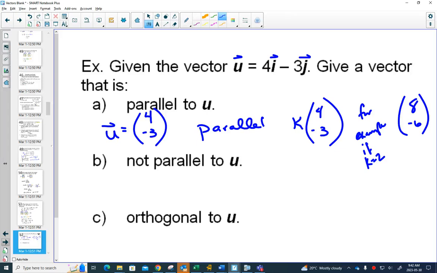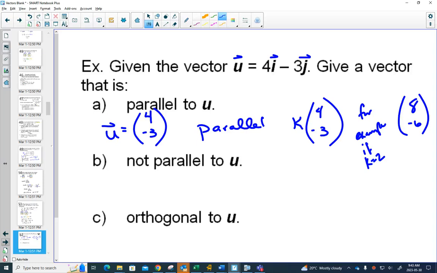K even could be pi. You could grab 4 pi, -3 pi if you really wanted to mess things up or use decimals, any number, because what that value of k in front will do is just going to make your vector longer or shorter, and sometimes change its direction, but it will still be parallel.